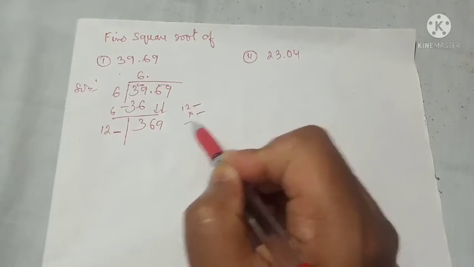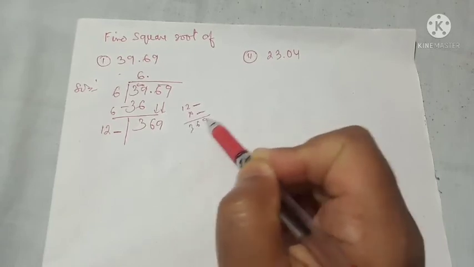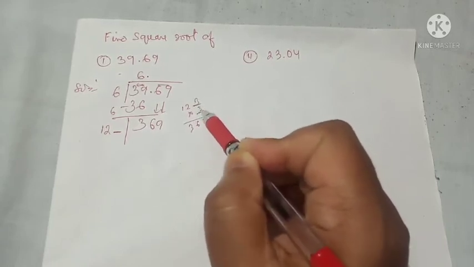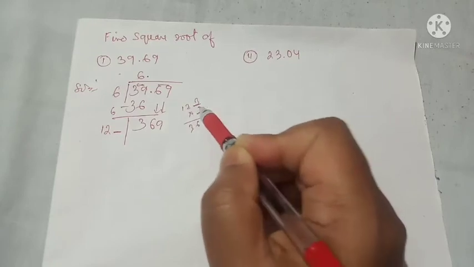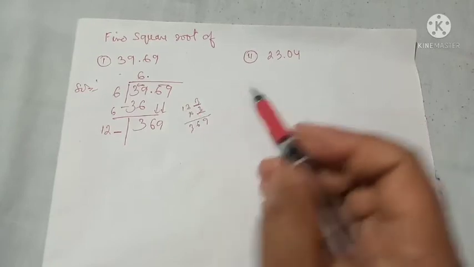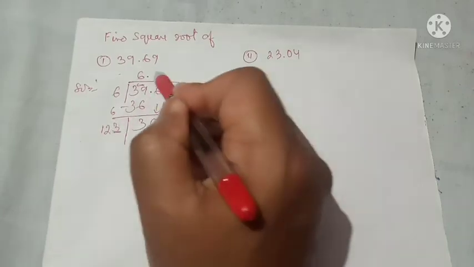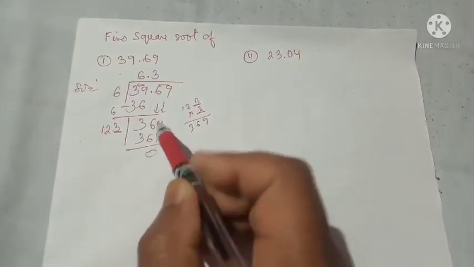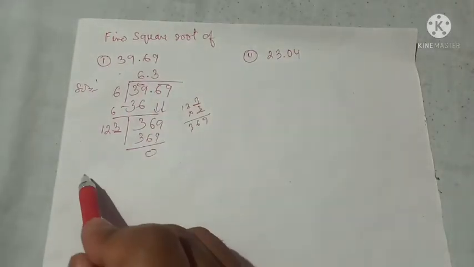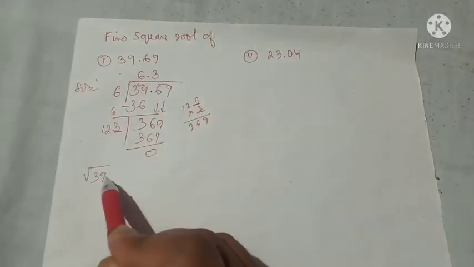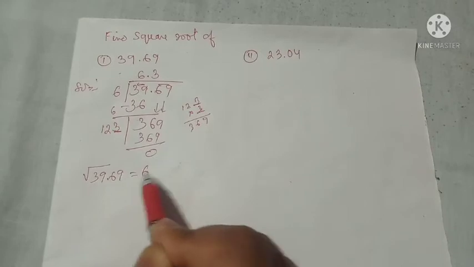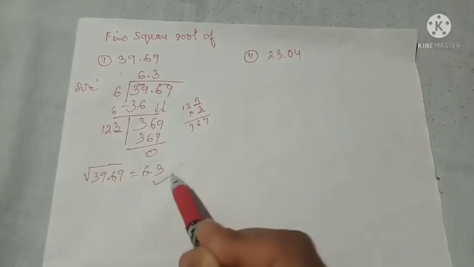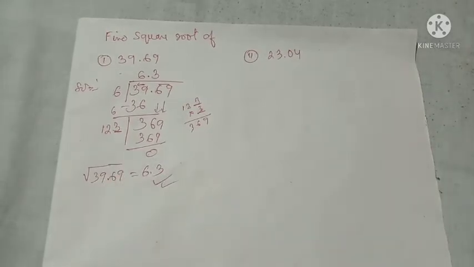Which number will be exact? 3 times 3 is 9, 3 times 2 is 6, so the new digit is 3. So you will get 369, and the remainder will be 0. The only thing is to put the point. So the square root of 39.69 is equal to 6.3. This is the correct answer for the given number.